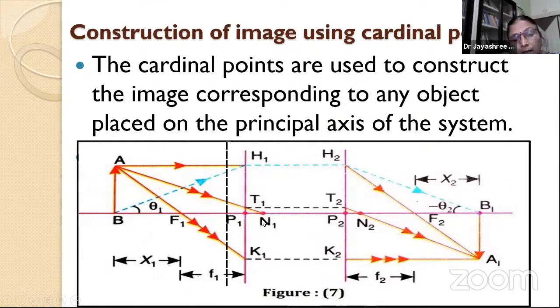This ray, after refraction, passes like either of the above two refracted rays, through N2 in a direction parallel to AN1, as shown in the schematic. Thus in this way the construction of the image can be formed out. We can also use Newton's formula.